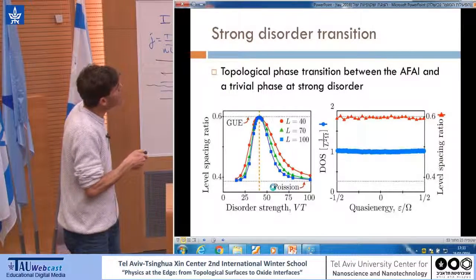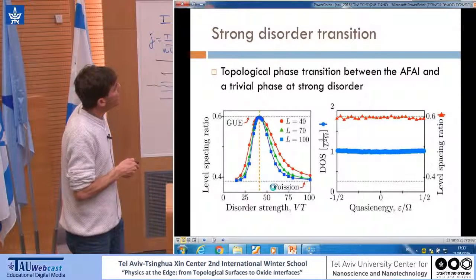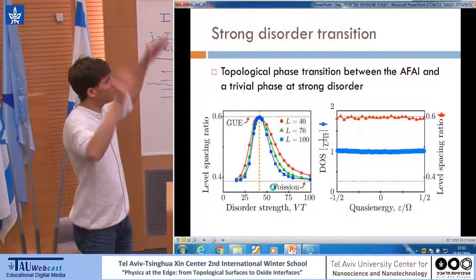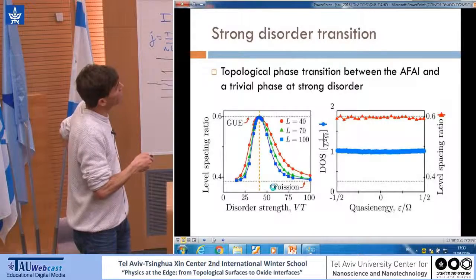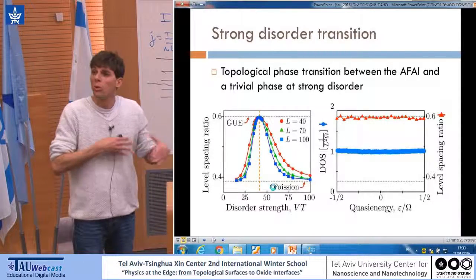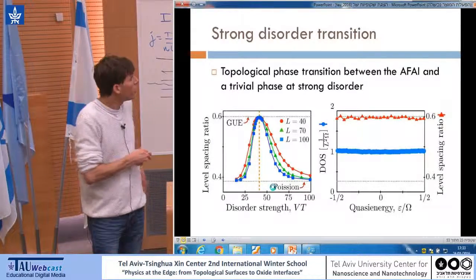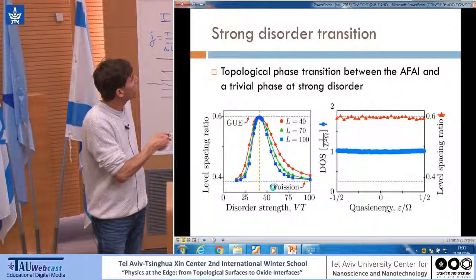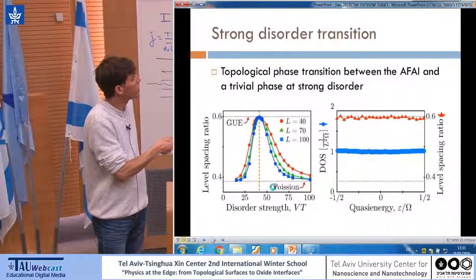You see that there is a phase transition. And in this phase transition, we find that really all the bulk states become delocalized. And then on the other side of this transition, you just find an ordinary Anderson insulator. So you really have a phase transition between this anomalous Floquet Anderson insulator and just an ordinary Anderson insulator on this side.